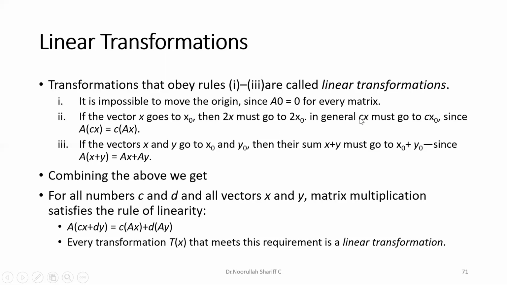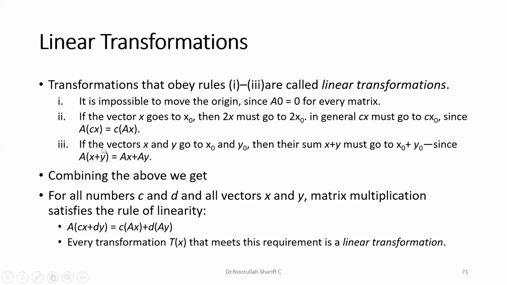So in general, cx must go to cx naught. That means if you multiply x with c, then x naught also gets multiplied by c, since A of cx is equal to c multiplied by A of x.